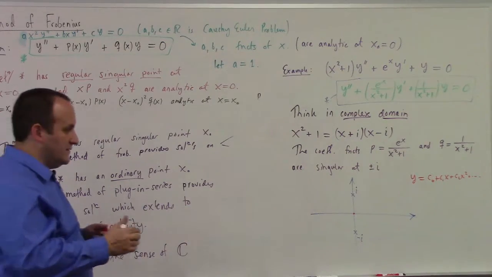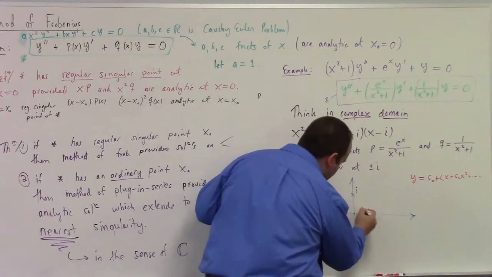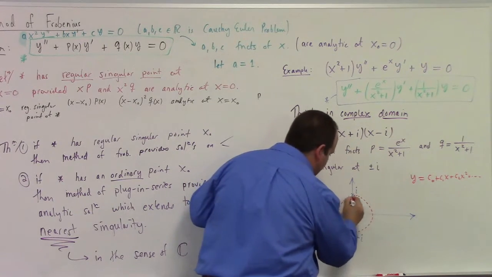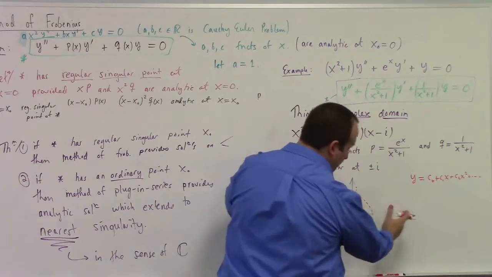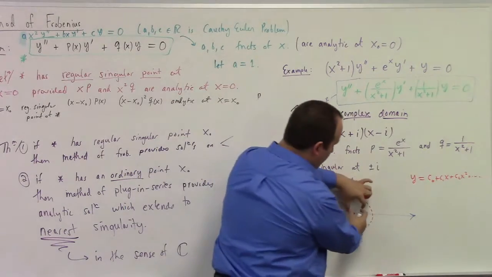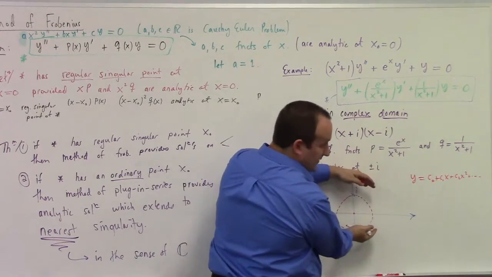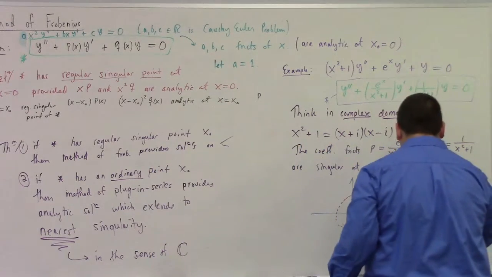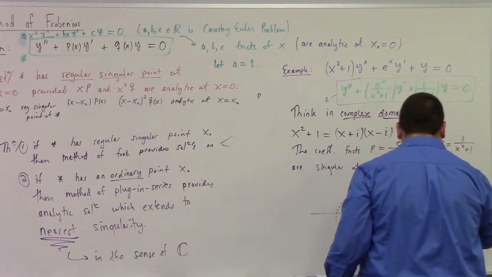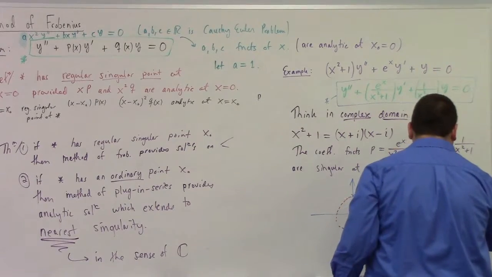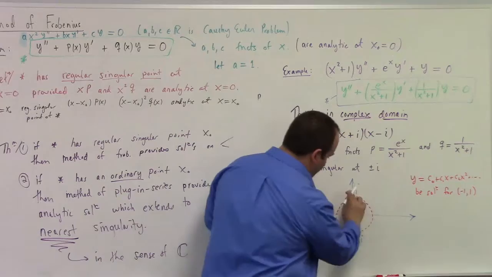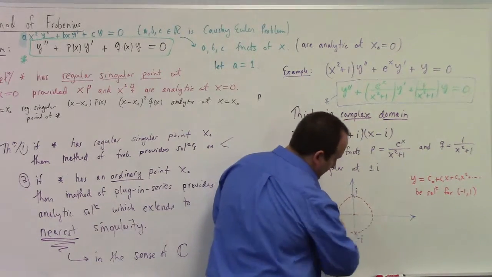The answer is as far as the disk in the complex plane can extend before it hits a singularity. You just imagine a circle growing out of your center, and when it hits the nearest singularity, game over. So this will be a solution for minus 1 to 1, because this distance is 1, this distance is 1, so that distance is 1.